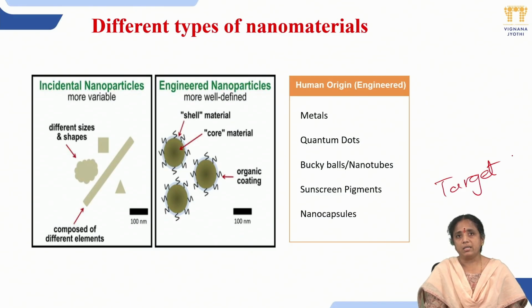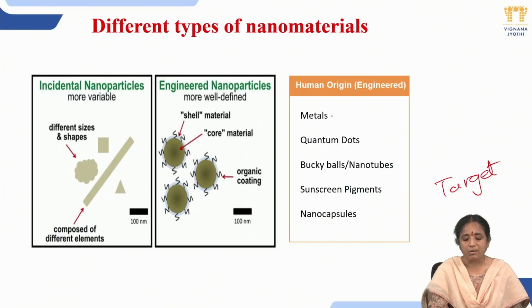These are prepared like an experiment in the lab. Whatever size we require, whatever shape we require, whatever the requirement we have at the target end, we can engineer them at the lab level. So these are called human origin engineered nanoparticles.